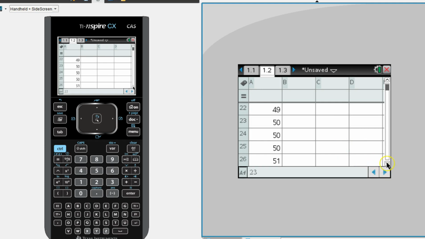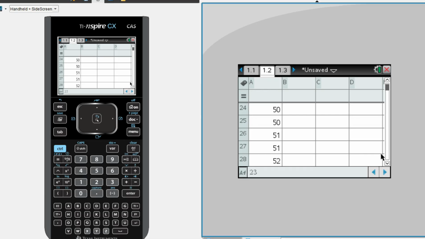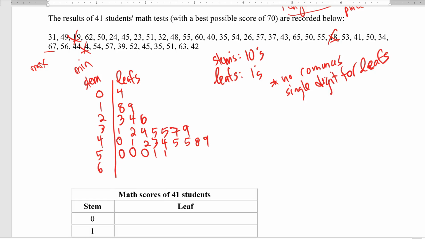3 50s, 2 51s, okay, and 52, 53, 54, 54, 55.